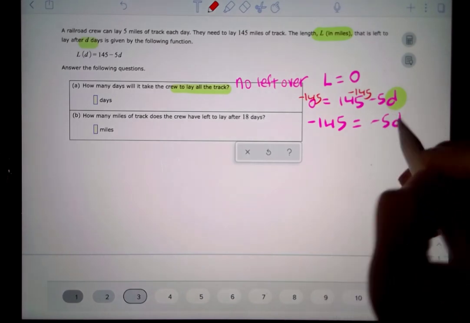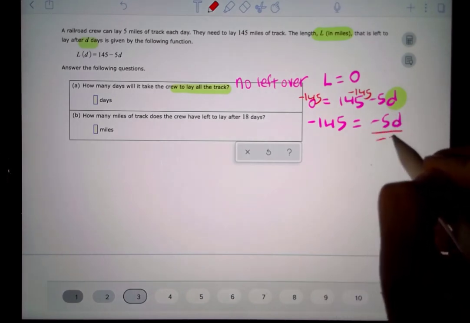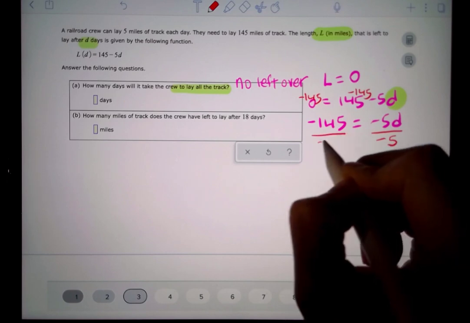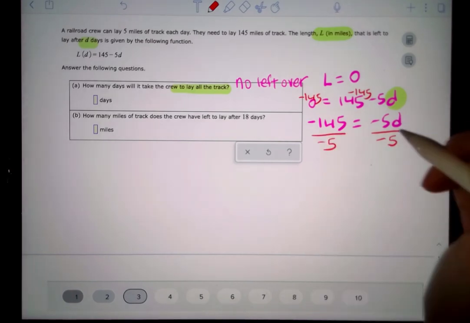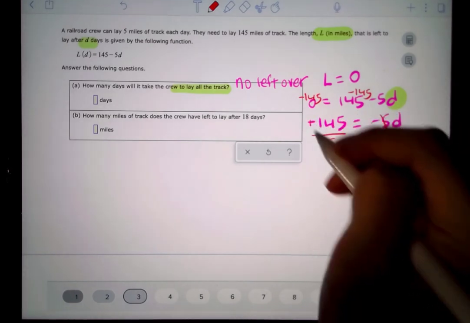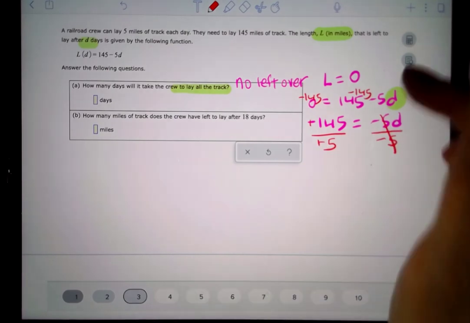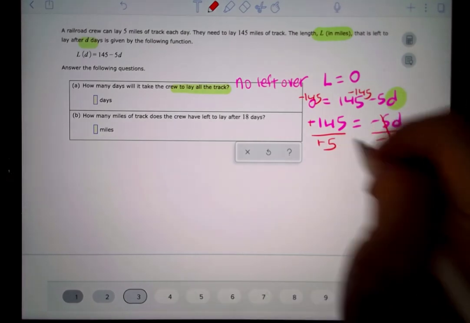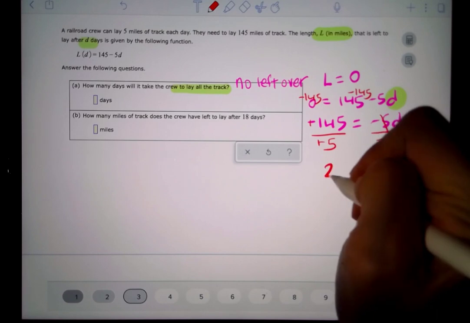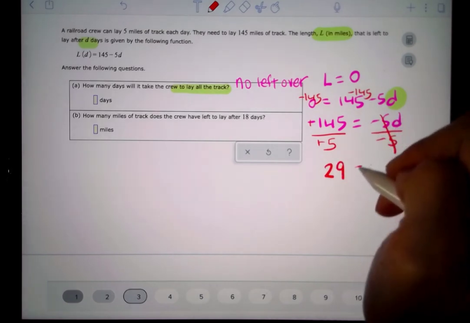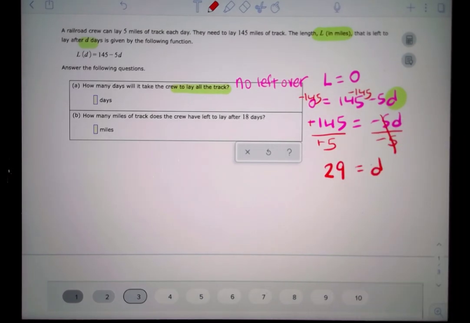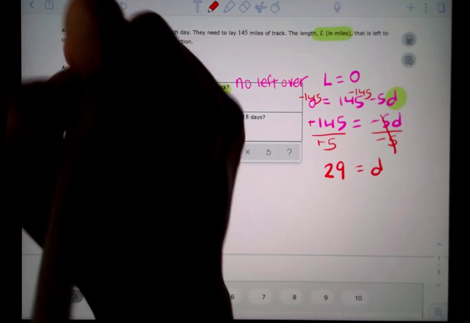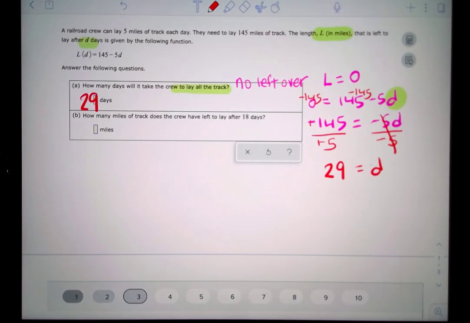And then to get D, you divide by negative 5 on both sides. Negative, negative cancels. And you need to do 145 divided by 5. Then you get 29. So it takes 29 days to lay all the track. So you put 29 for this.